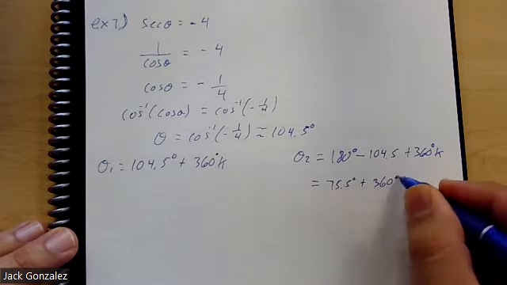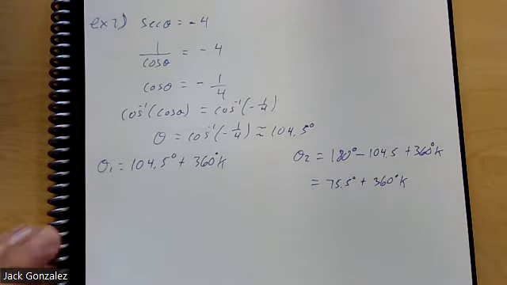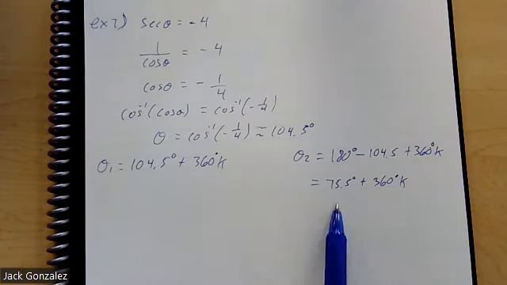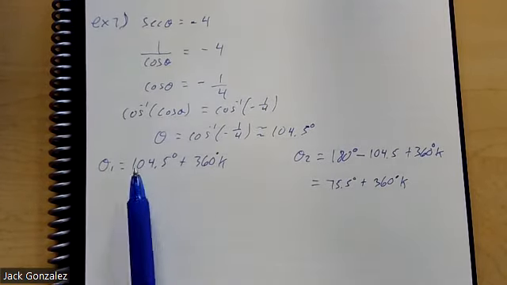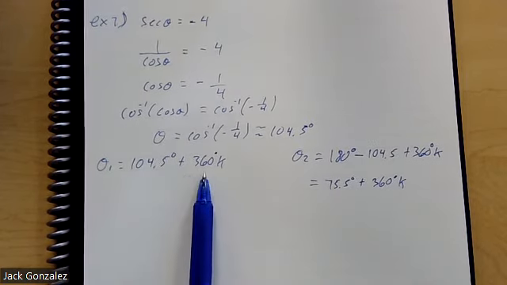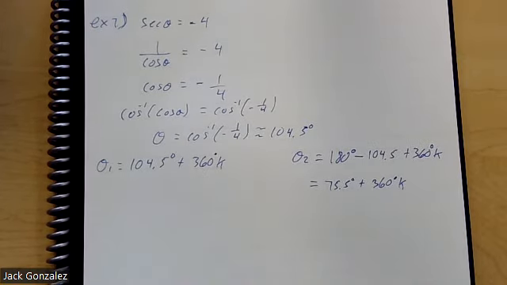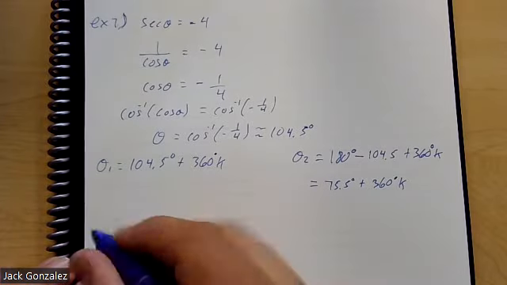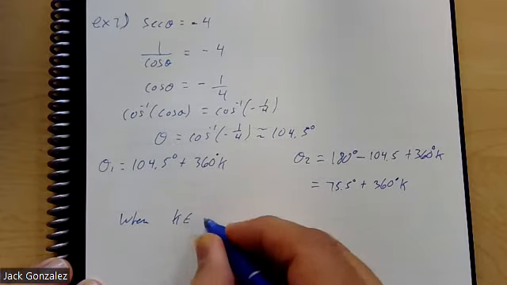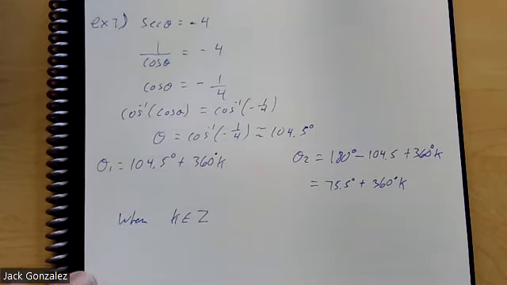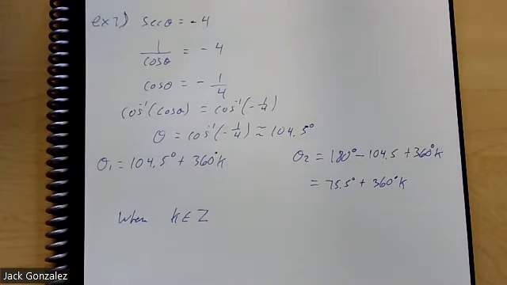And that's it. So theta 2 will be 75.5 plus that infinite piece. Theta 1 will be whatever the calculator gives you, plus the 360K. Okay. Any questions on number 7?